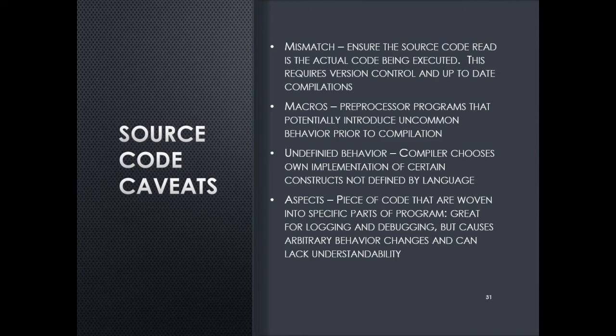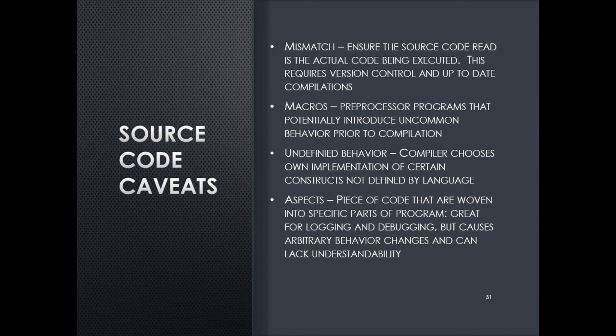Macros exist in most of these languages as well, such as preprocessor calls like the include preprocessor calls in C programs. If you don't know exactly what's going to happen with those, they could produce some kind of uncommon behavior prior to compilation. And so that could impact your static analysis.